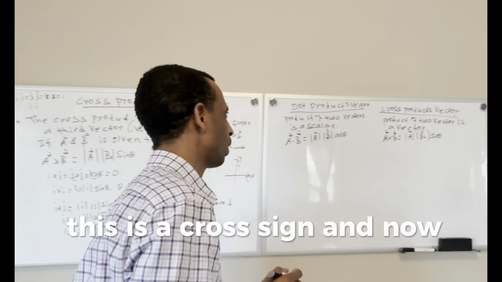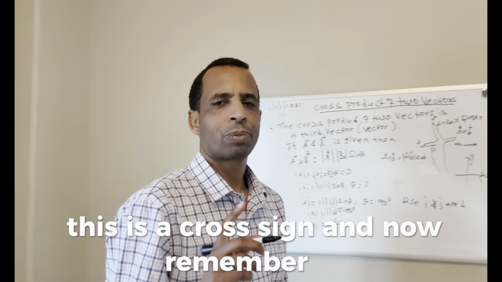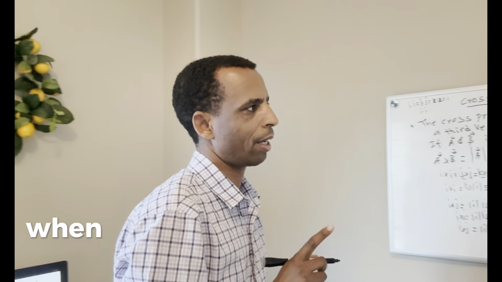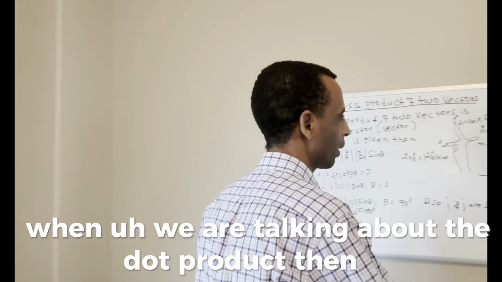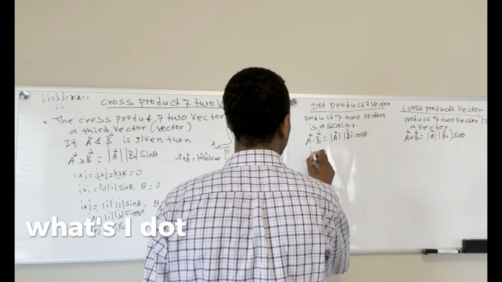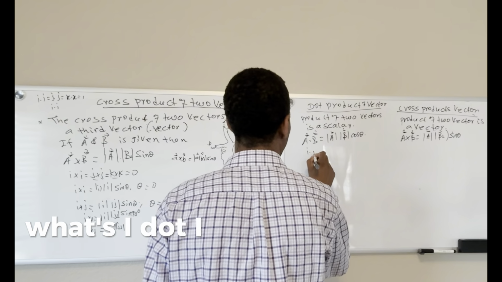Now remember, when we were checking the dot product, I dot I equals J dot J equals K dot K equals 1. Why? Because cosine of 0 is 1.